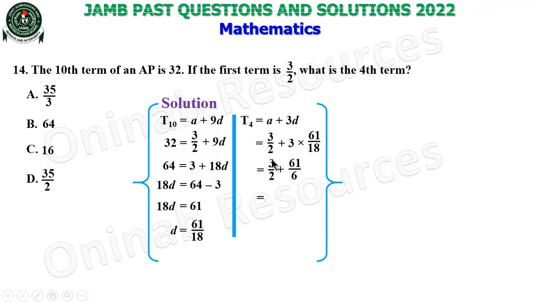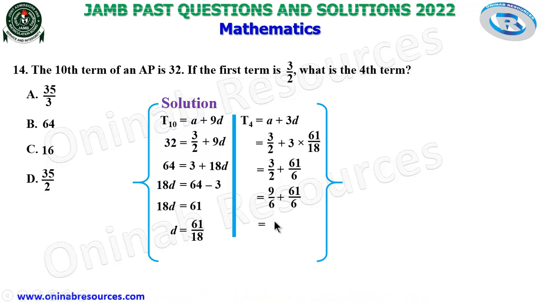In order to make this the same denominator, I multiply by 3, so that's going to give us 9 over 6 plus 61 over 6. We can just add directly since the denominators are now equal.